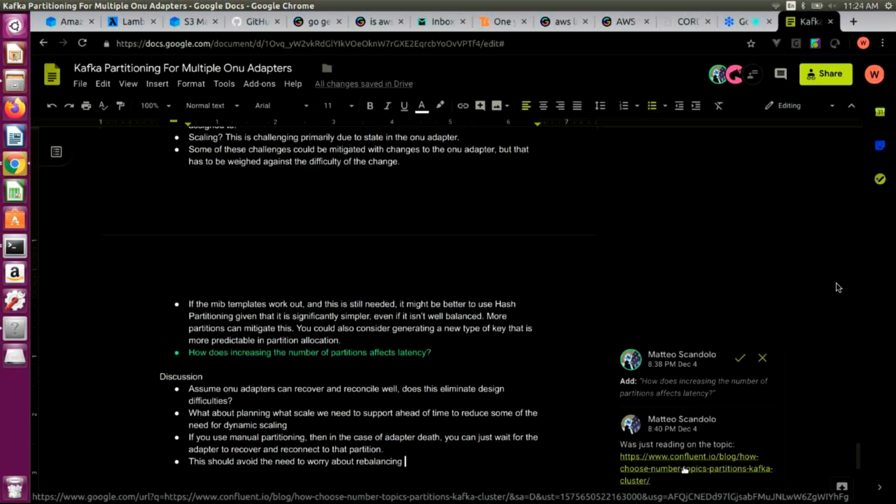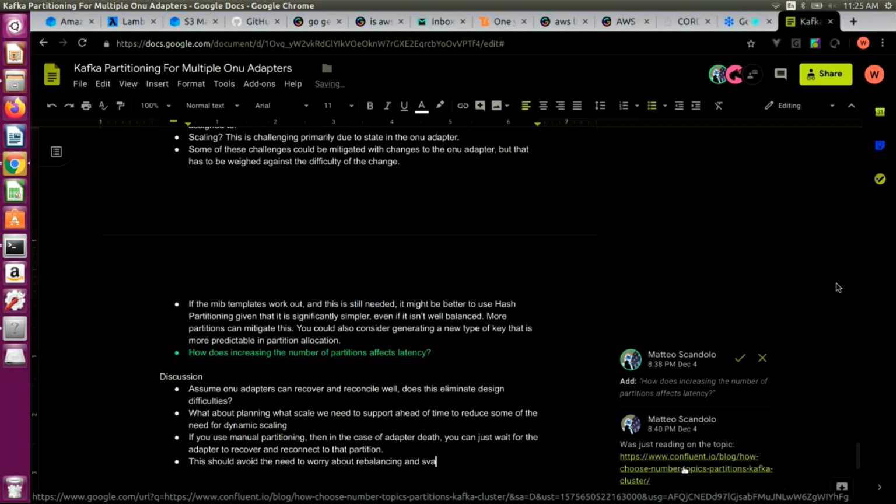I think that's a very elegant thing to do, but as long as we know that each new device can support the number of devices assigned to a partition, then for now we don't care. Someone may be lucky and get on a new adapter that is free, and it will be faster than someone else. But I think for now that's fine.